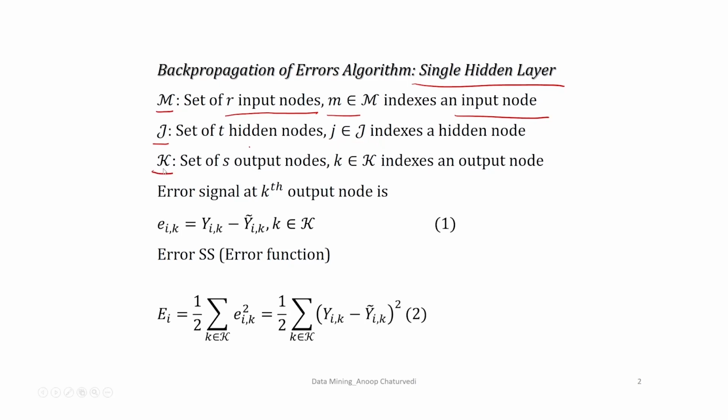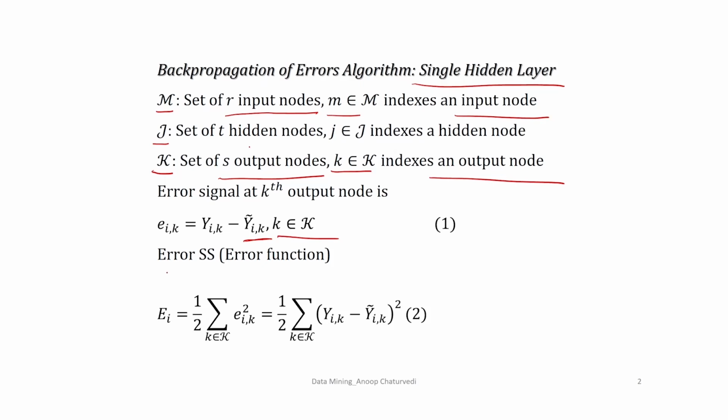Then K is the set of S output nodes and small k belonging to capital K indexes an output node. Then the error signal at the kth output node is E_ik equal to y_ik minus y curl_ik for all k belonging to capital K. y curl_ik is the predicted value of y_ik.